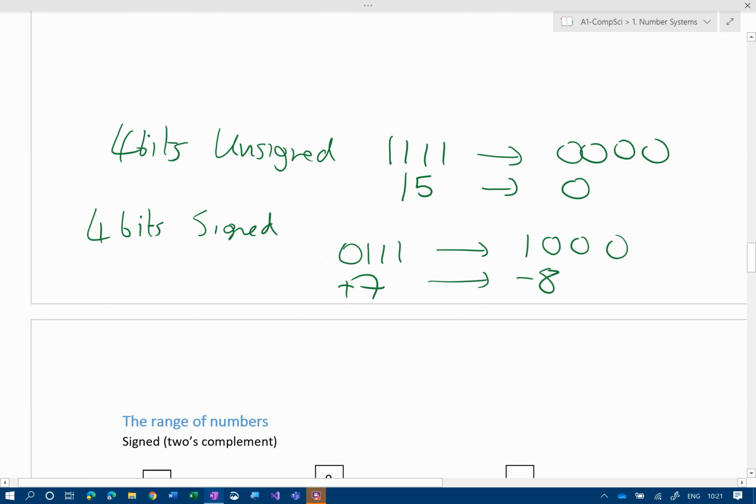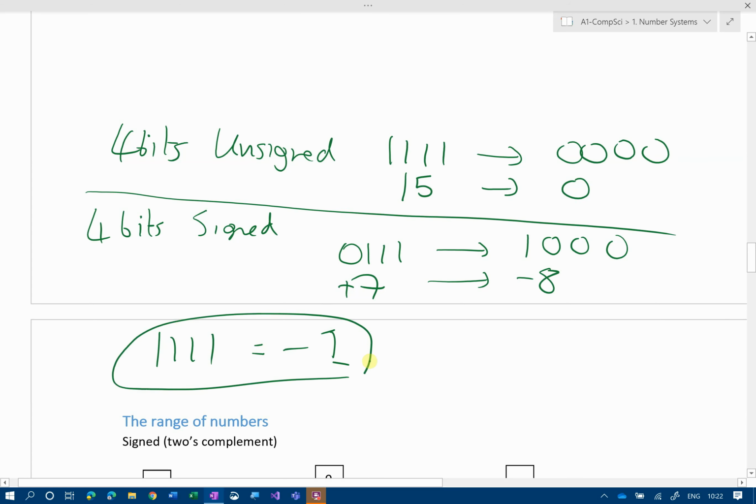Now what we've got is the same number of numbers. We've got 16 numbers, but it doesn't go as high anymore, but it goes below 0. So remember, if I'm doing a signed number, 1111 is equal to -1. So it no longer is the biggest number that you would have had if it was unsigned.